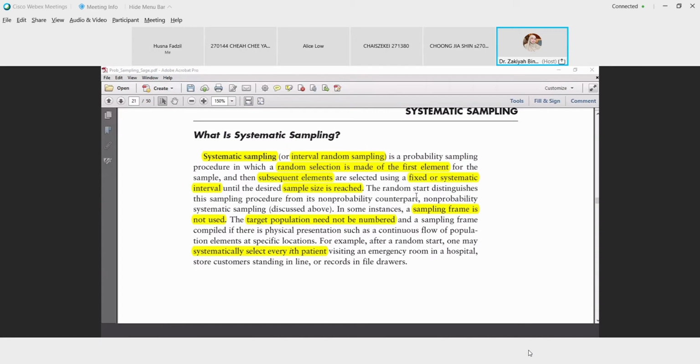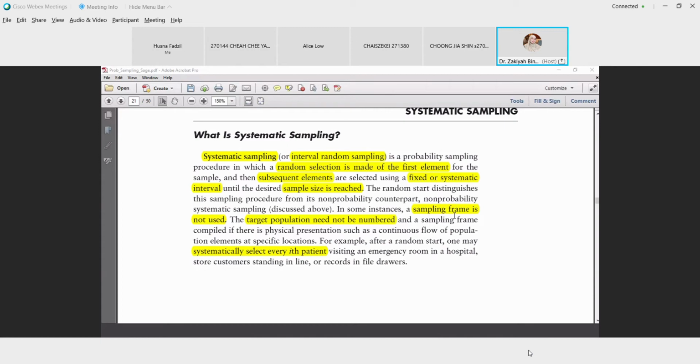Now, the random start distinguishes this procedure from the non-probability counterparts. Take note, guys, super duper important. In some cases, a sampling frame is not used, or it's impossible since you don't have one. In such a case, the target population need not be numbered.